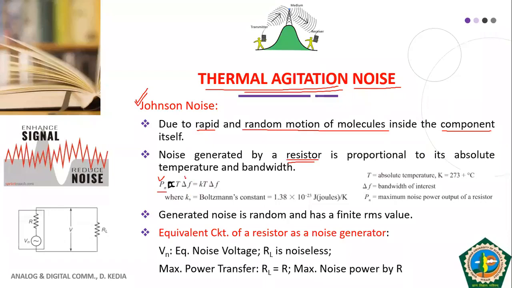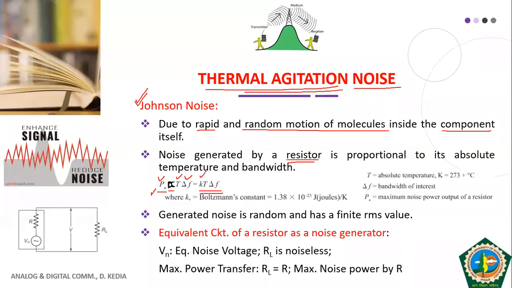It is proportional to the bandwidth over which it is measured. And the noise generated by the resistor is also proportional to the temperature of that material. So your noise power is proportional to both temperature as well as the bandwidth over which your noise is measured. And if we remove this proportionality, we get noise power equal to kT delta F.